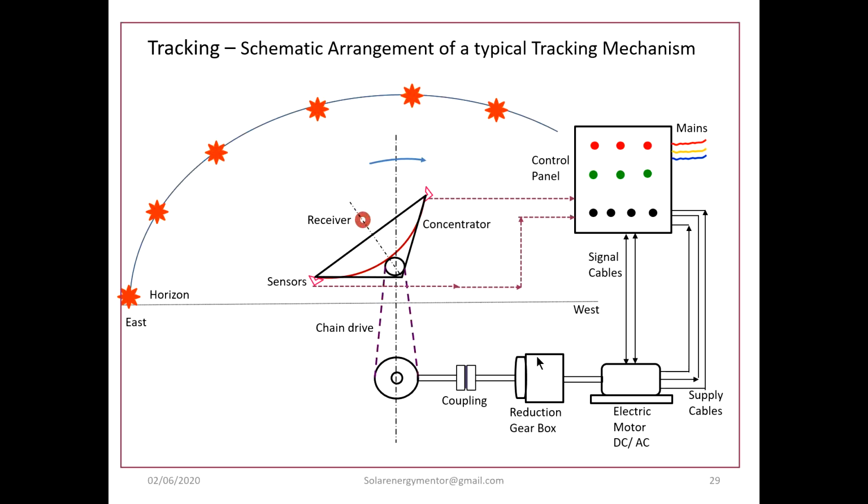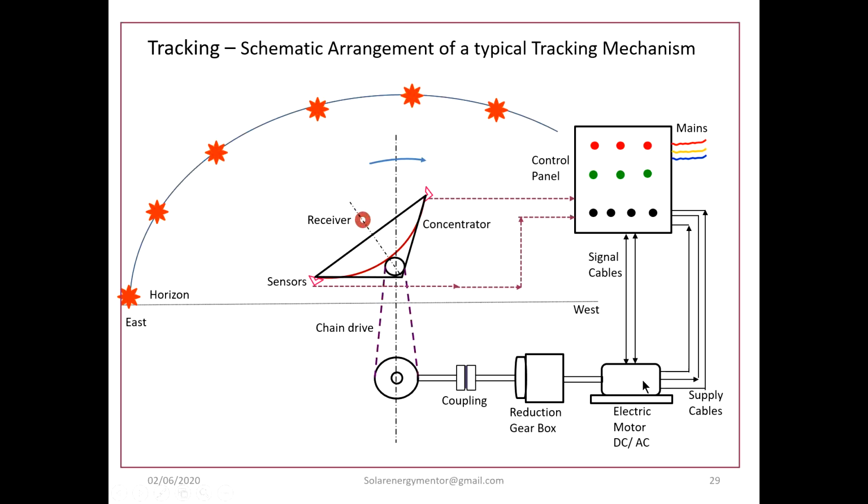So of the order of say 2000:1. One can use this reduction of 2000:1. Why is this reduction needed? Because generally the electric motor used is AC, and the minimum specified RPM of an electric motor is 720 RPM.